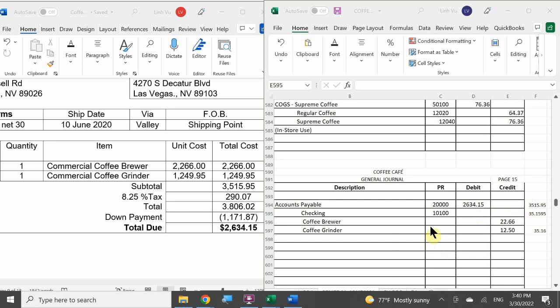Okay. If I owe $2,634.15 and I take a discount of $35.16, how much am I actually going to be paying?